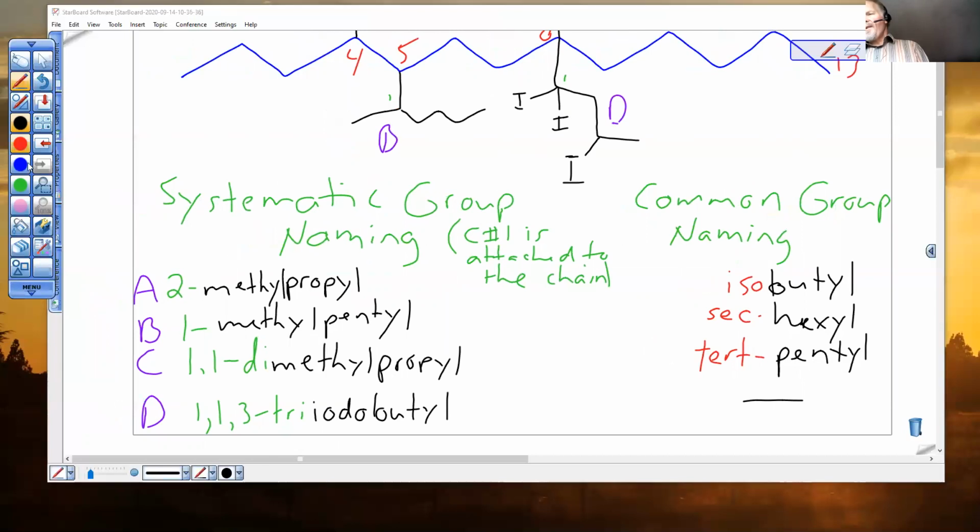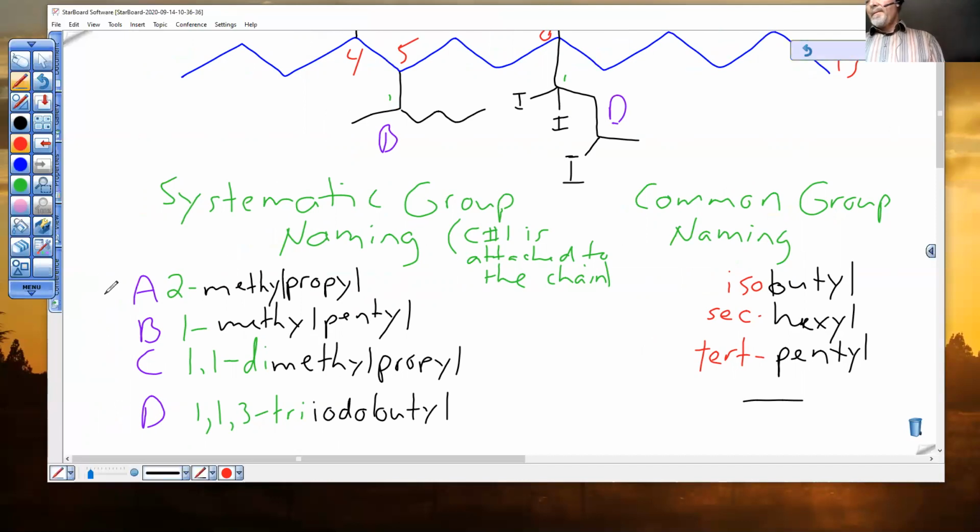And A was on carbon 4. B was on 5. And both C and D were on 8. That way I don't need to see the picture of my molecule anymore.